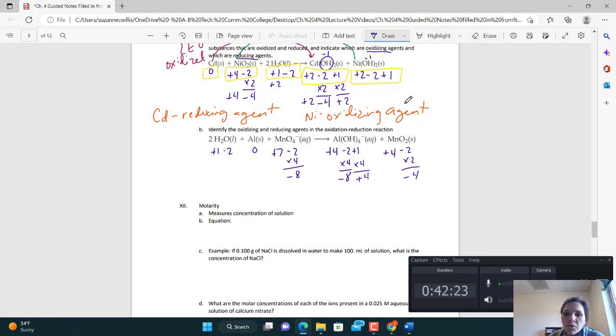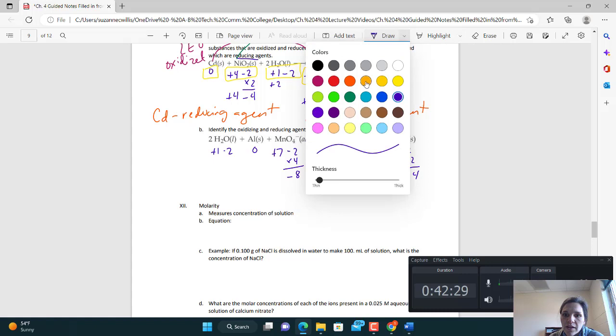And you should only have 2 people end up changing, okay? There should be one who's oxidized and one who is reduced. So let's go find who those people are once you get to this point.